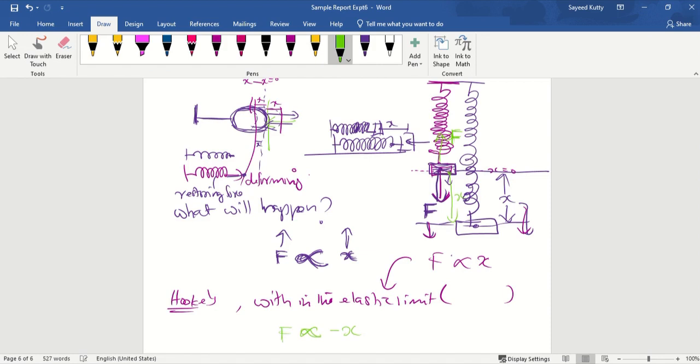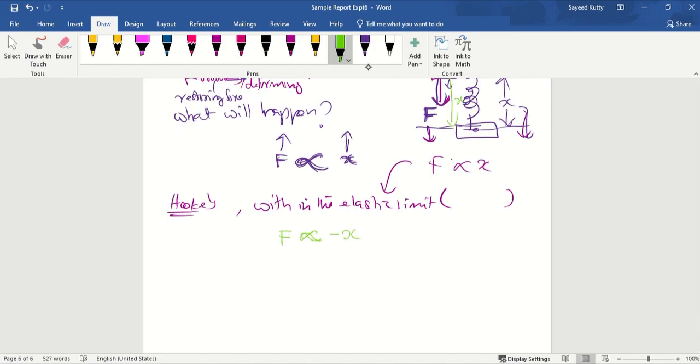And we know that this is true for all springs irrespective of the hardness of the spring, because springs are available in different sizes and different hardness. The springs that we use in a car, airplane, train are all very strong springs.